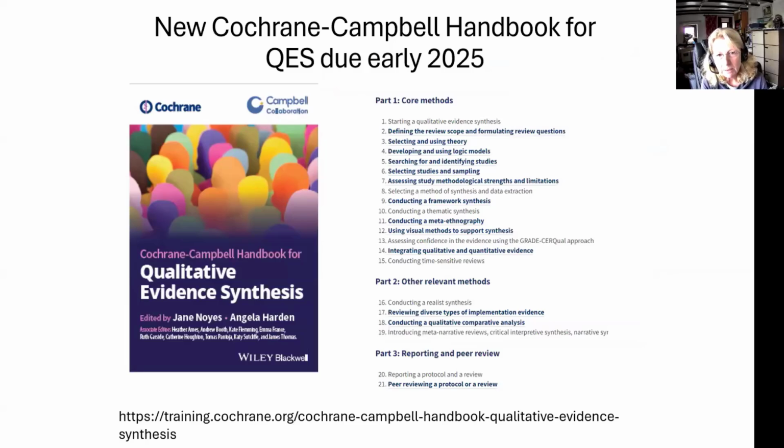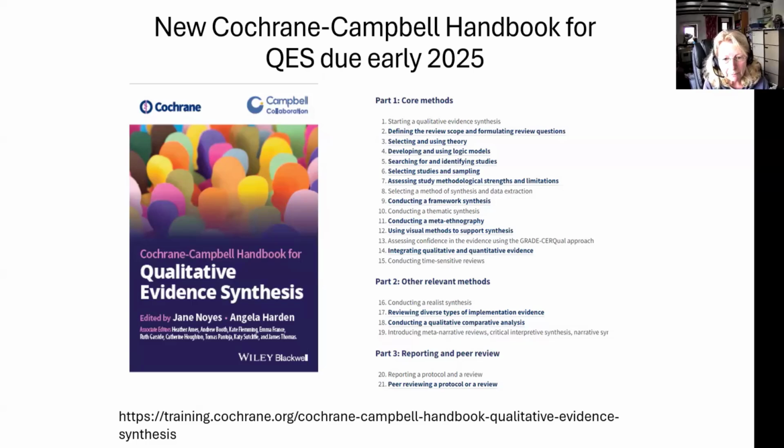Another big investment for Cochrane and for Campbell is the new Cochrane Campbell Handbook for Qualitative Evidence Synthesis, which is due in early 2025. Many of the chapters are already available on the Cochrane website. So if you can have a look at them, the ones in bold here are already up there. You'll see that chapter 20 is reporting a protocol and review.